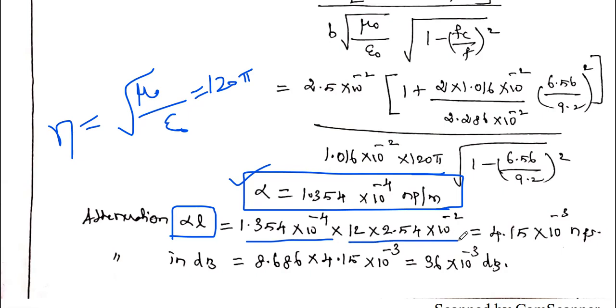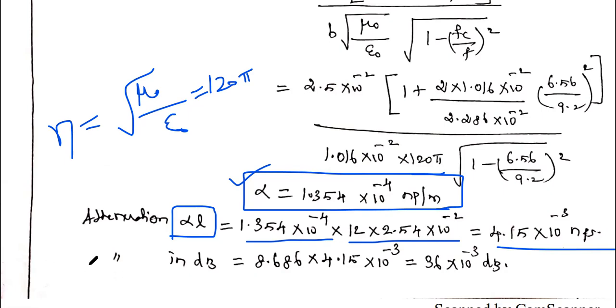The length is 12-inch, so 12 into 2.54 centimeters, and to convert into meters, centimeter means into 10 to the power minus 2. If you multiply, we get 4.15 into 10 to the power minus 3 Nepers. This is the attenuation.